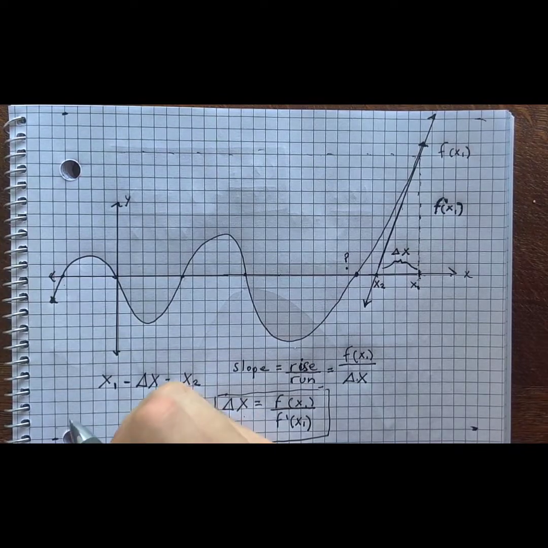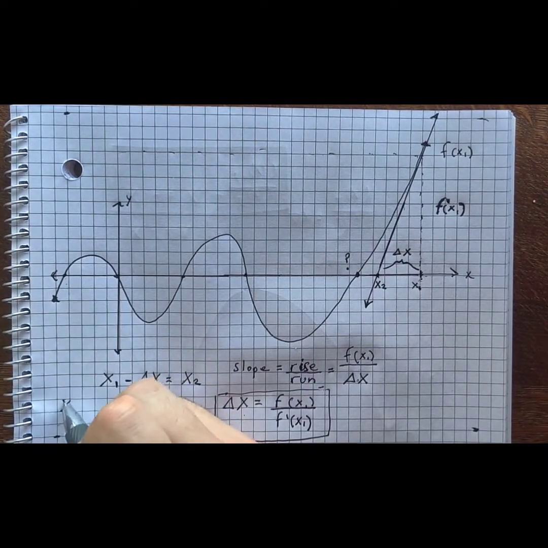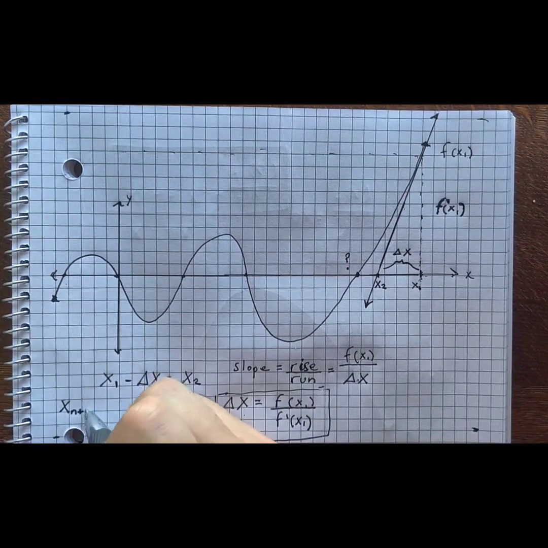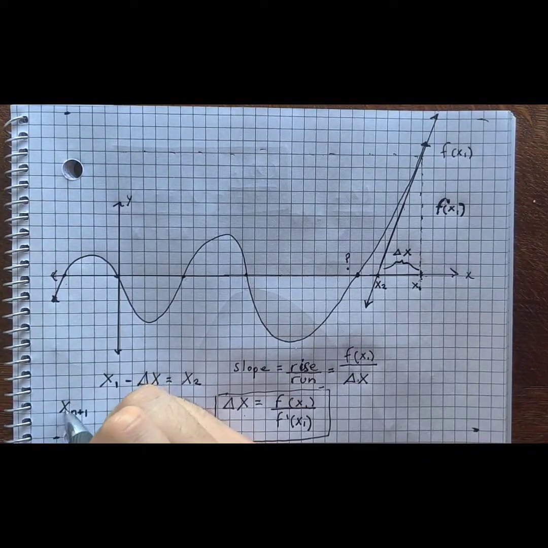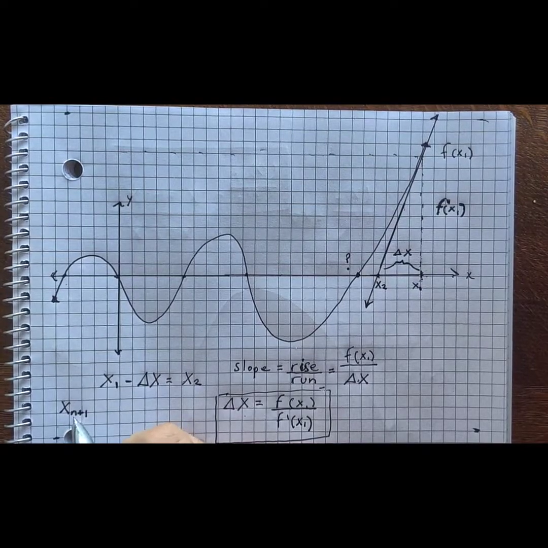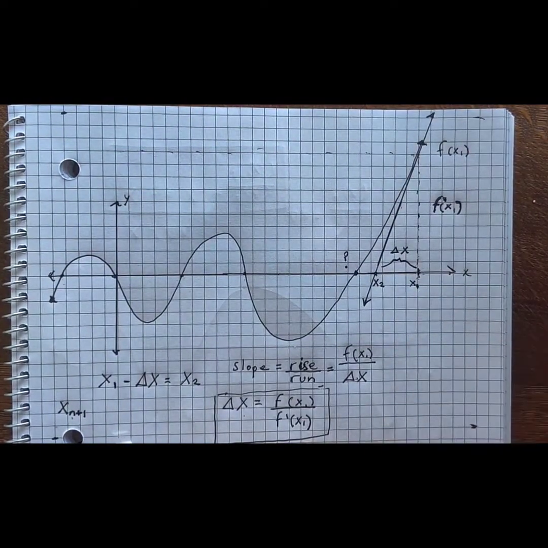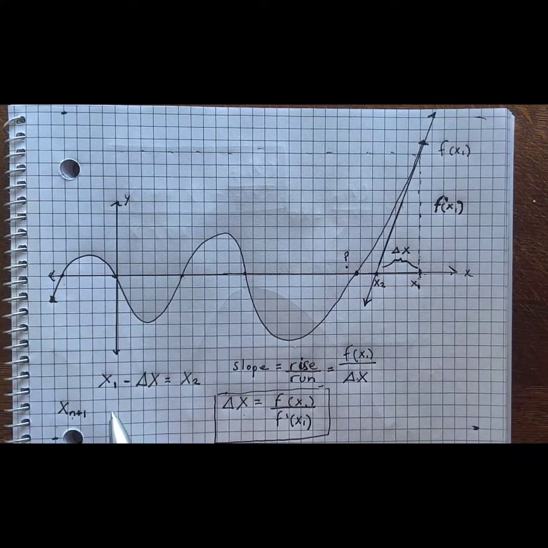Now, Newton's formula is very similar to this. He writes x sub n plus 1. This n represents our guess. This is an iterative optimization algorithm.